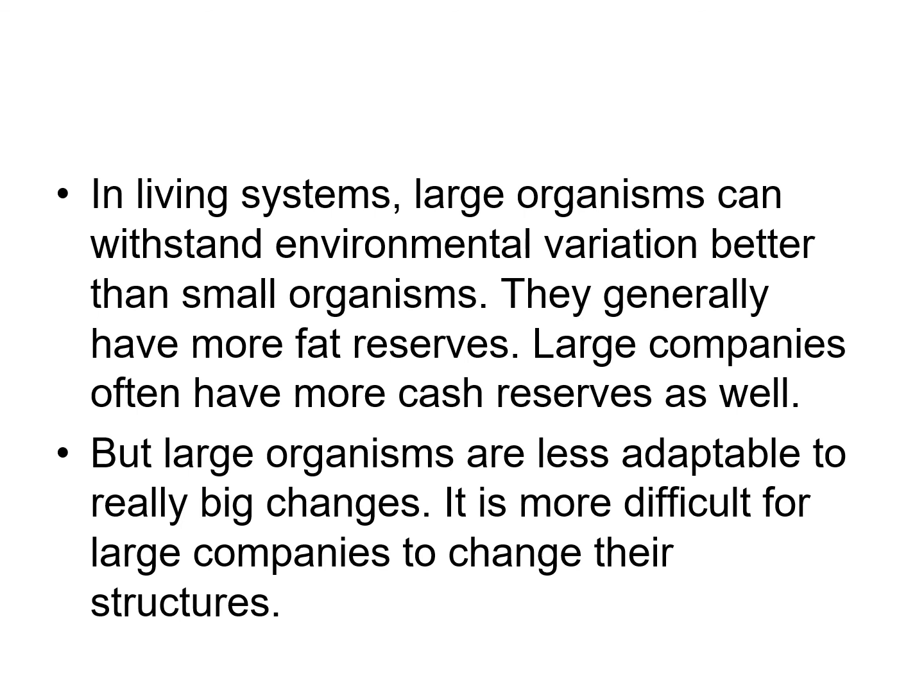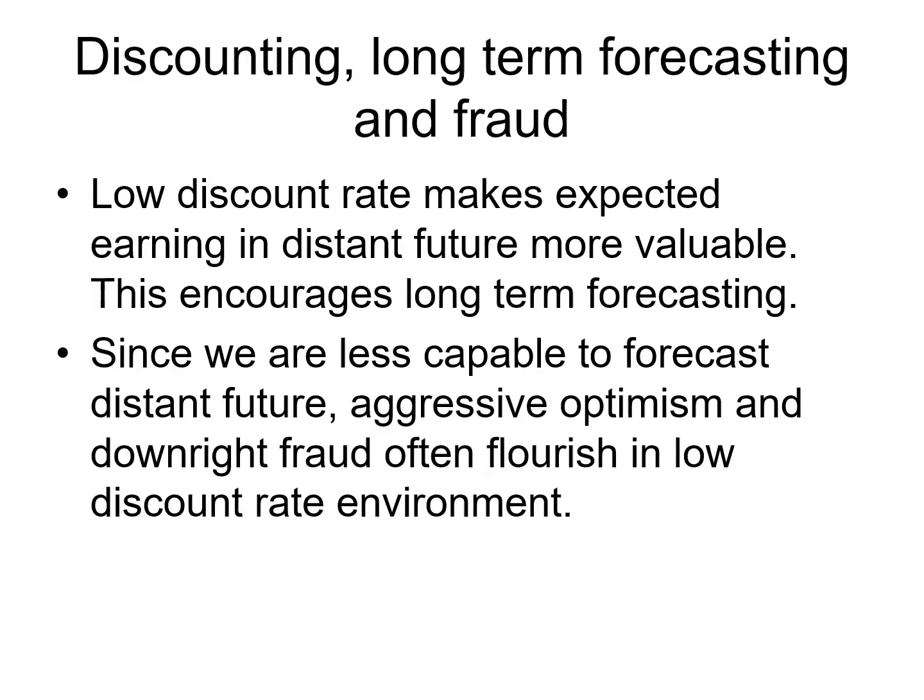They generally have more fat reserves. Large companies often have more cash reserves as well, but large organisms are less adaptable to real big changes. It is more difficult for large companies to change their structure.